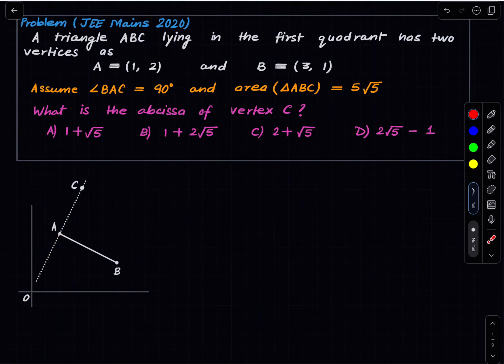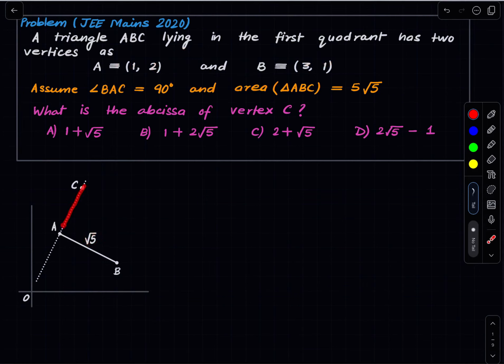Alright, so let's first find what is this length AC. To do that, first we figure out the length of AB, but that is very easy because we know the coordinates of A and B. So the length of AB will turn out to be root 5, because it is the square root of (3 minus 1) whole square plus (2 minus 1) whole square. That's root 5.